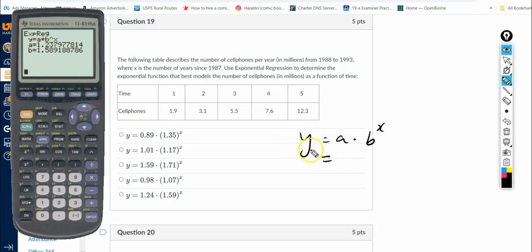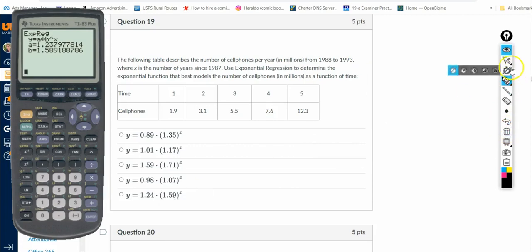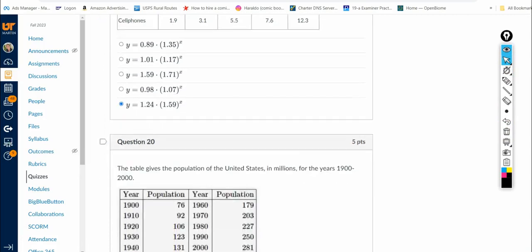And if I take a to 2 places, I'm going to get 1.24. And then times b to 2 places is 1.59 to the x. All right, it looks like that one there. I'm going to choose that one.